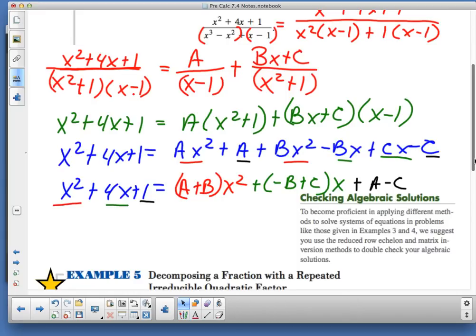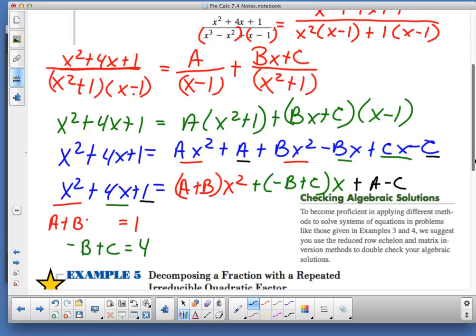As we're working through, I'm making that connection. So now I know A plus B must therefore equal 1. The opposite of B plus C is equal to 4. And my last one is A minus C is equal to 1.